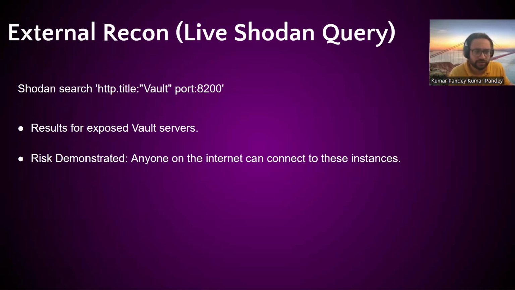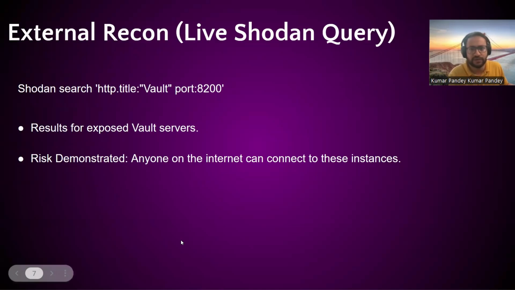Instead, I use the Shodan search engine that has already scanned everything, searching for Vault on port 8200. I can find servers that shouldn't be visible, and in my demo, I will show you mock Shodan output exposing Vault servers, each potentially allowing access to sensitive data. Imagine this as a front door left wide open, and you just have to get inside.